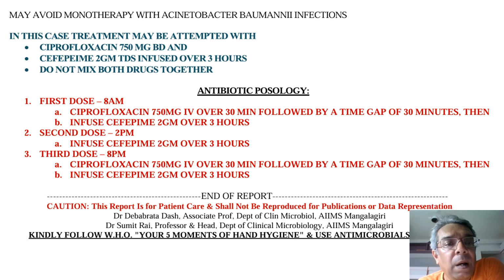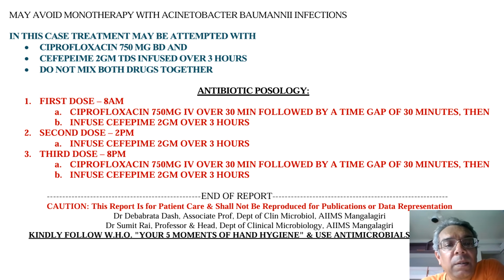So the first dose at 8 a.m., I thought that we can give ciprofloxacin 750 milligram BD IV over 30 minutes, followed by a time gap of 30 minutes, because it's a concentration dependent kinetics, and so it requires an immediate boost because it attacks the DNA gyrase. It's a genetic toxin for the bug.